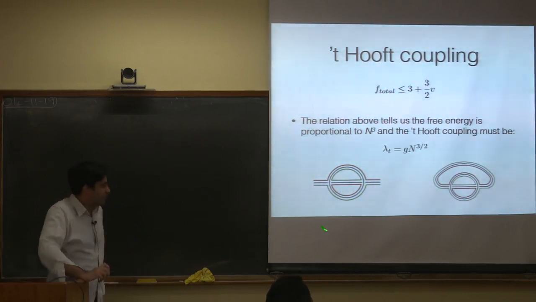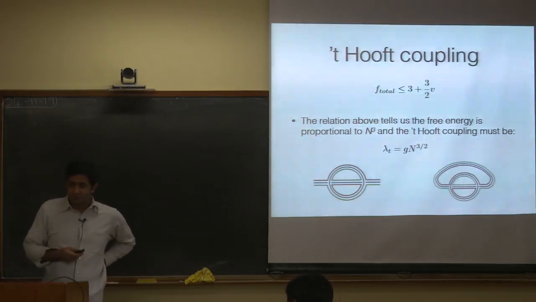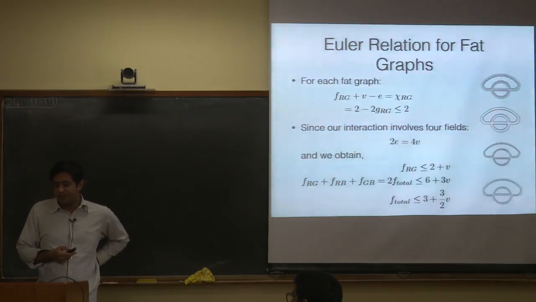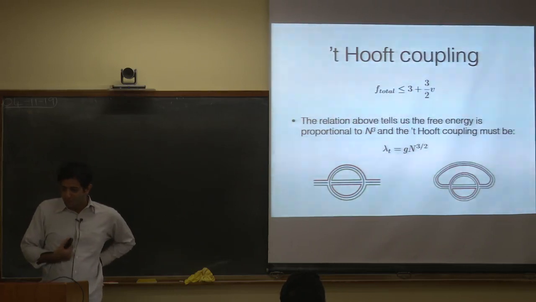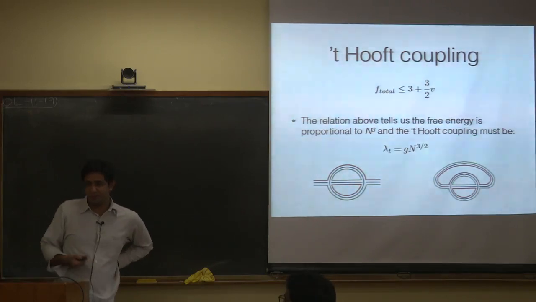Okay, so yeah, but this is just telling you what the 't Hooft coupling should be. So far, you've not used that there was a tetrahedral interaction. All we use really is that it's maximally single trace, which it so happens the tetrahedron is the only one. But we'll do the same thing for a general MST interaction with Q and R in a moment.